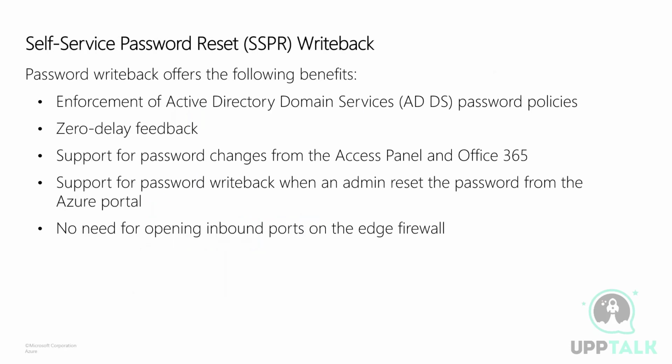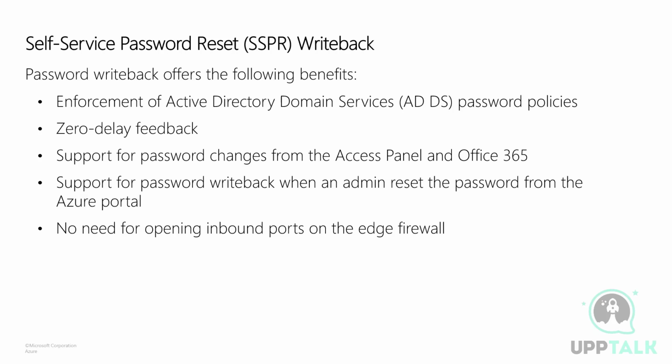Now, a very important aspect is that whenever you have synchronized users, it should not happen that I have a different password in the Azure environment and a different password in my on-premises environment. Correct? That will create confusion. So for that to happen smoothly, we need to make sure we have enabled self-service password reset, and also enabled the write back feature.